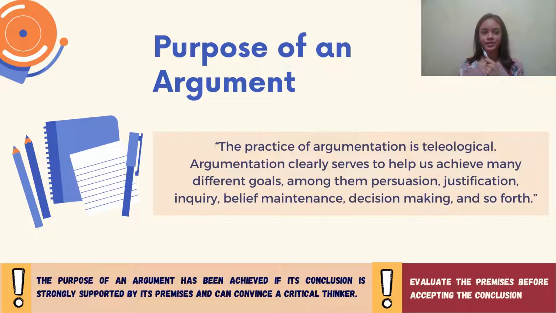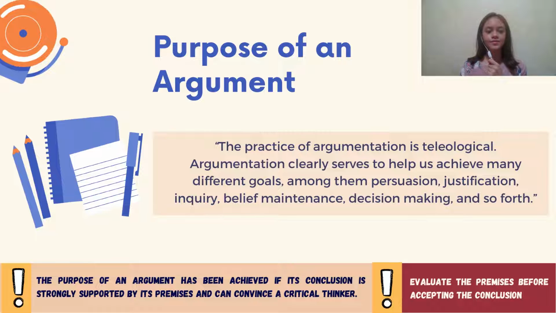In Acuña's book, he agrees with the informal logicians that the purpose of an argument is, quote-unquote, "the practice of argumentation is teleological. Argumentation clearly serves to help us achieve many different goals, among them persuasion, justification, inquiry, belief maintenance, decision-making, and so forth." In simple terms, if the intended goal is met, then the argument is successful.